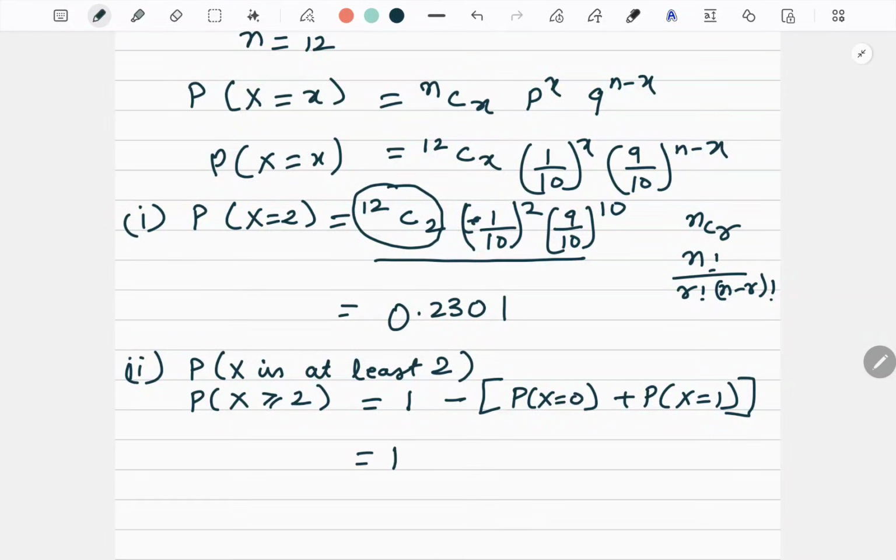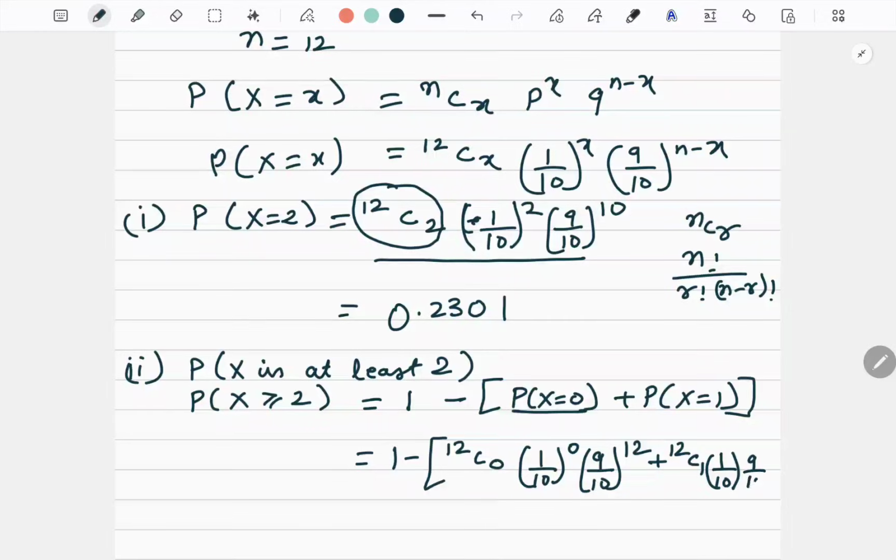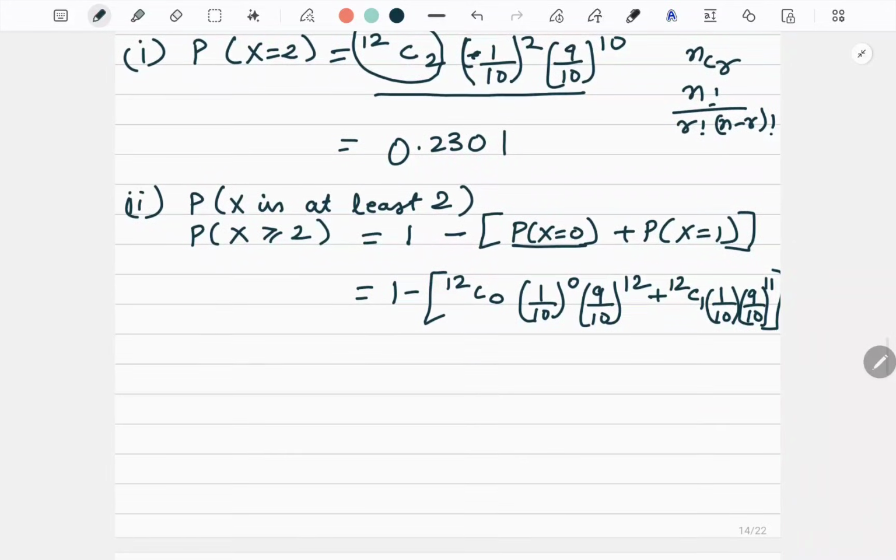So let me put the value: 1 minus, what is p x of 0? 12C0, p to the power 0, q to the power 12, plus 12C1, 1 by 10 and 9 by 10 to the power 11. Correct? So now when you solve this, you will get 0.341.